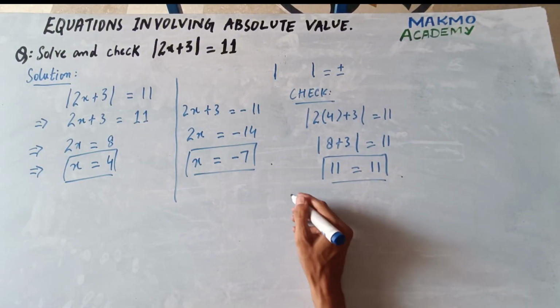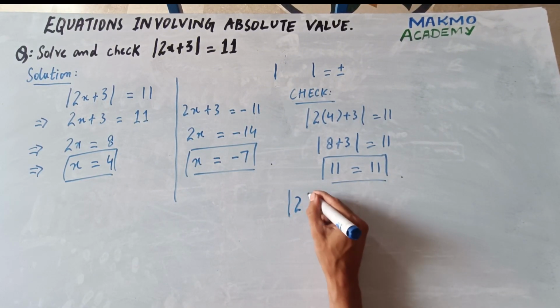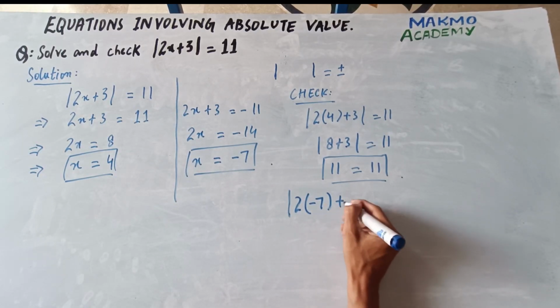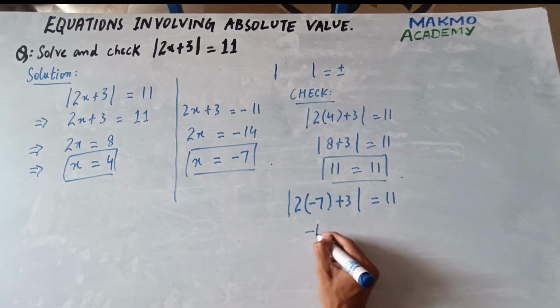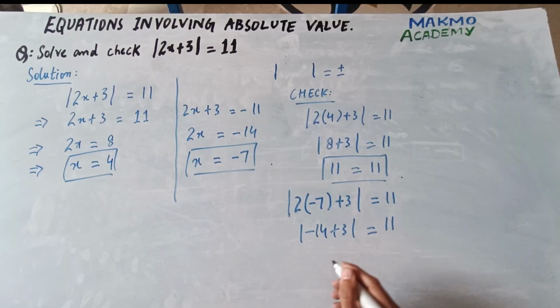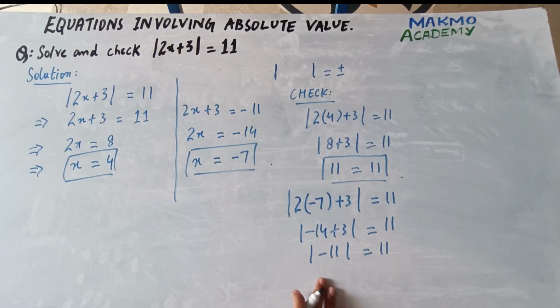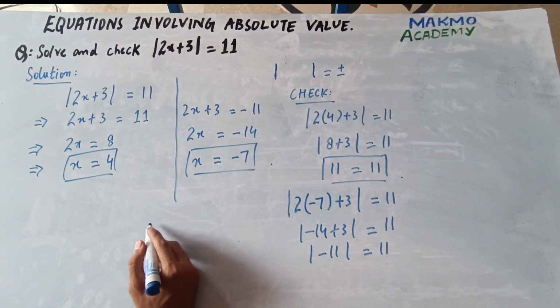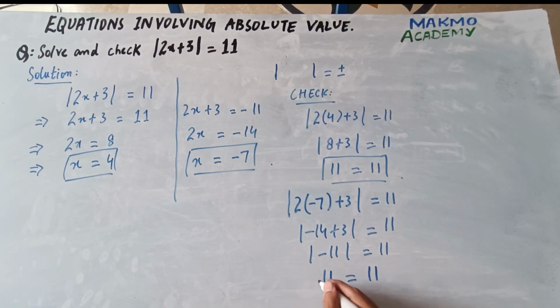Now let's check the second one. The second value of x is -7. Put it in place of x. 2 sevens are -14. -14 + 3 = -11, so you get |-11| = 11. As I have discussed, the modulus symbol shows that when you open it, you get the absolute value, meaning if it is negative, you can write it as positive.